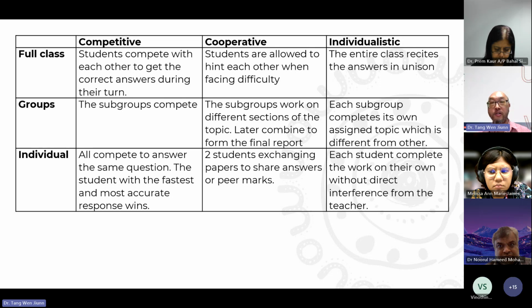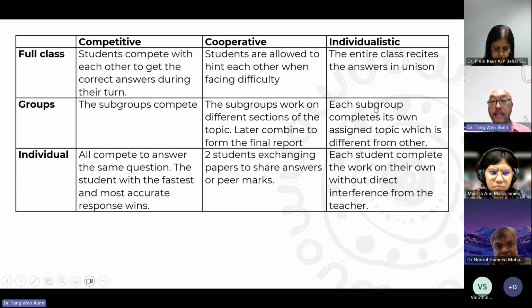So one team can talk about the causes of pollution, another team can come up with ideas to prevent pollution and things like that. After that, we combine all of their work together and it becomes one complete assignment.